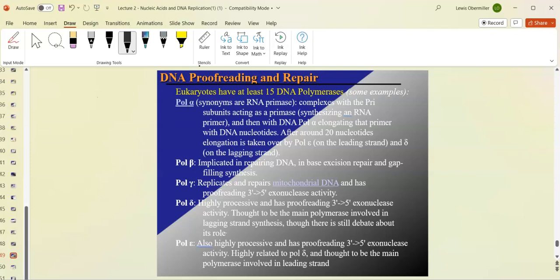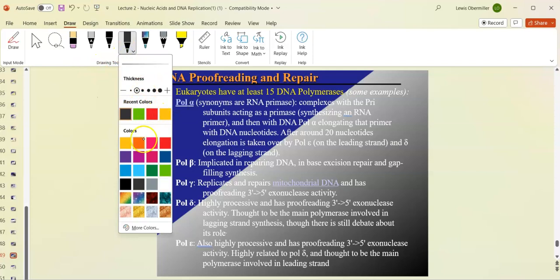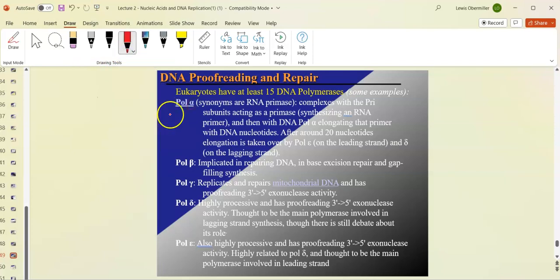there's alpha, beta, gamma, sigma, epsilon. Alpha is synonymous to RNA primase. Polymerase beta is in DNA repair and base excision repair. Gamma replicates mitochondrial DNA, which is circular like bacteria.